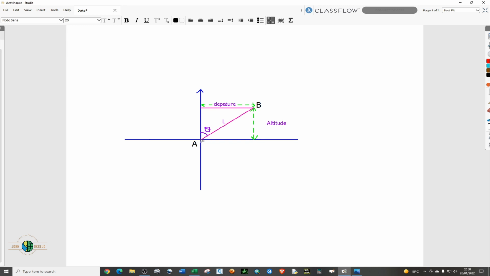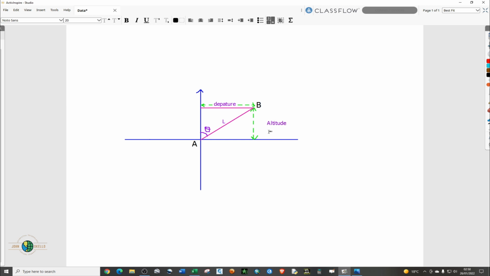This is the altitude we want when moving from point A to point B, and we have the L. We want to calculate the altitude. This is the altitude, it's just parallel to this one. Now we have the bearing, and we have the distance or ground distance, which is the hypotenuse.